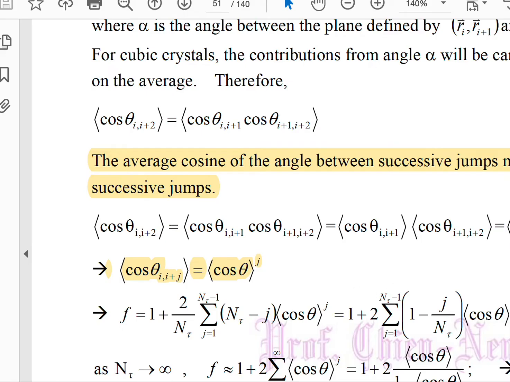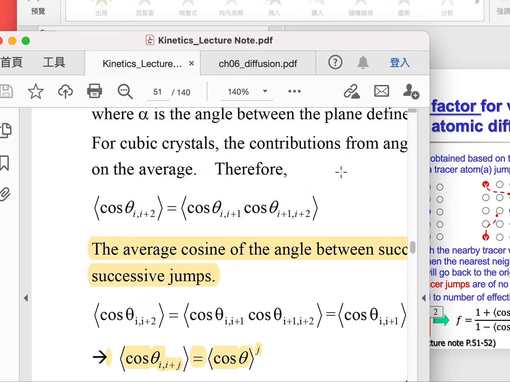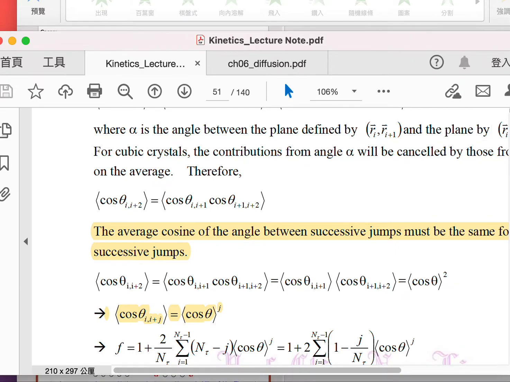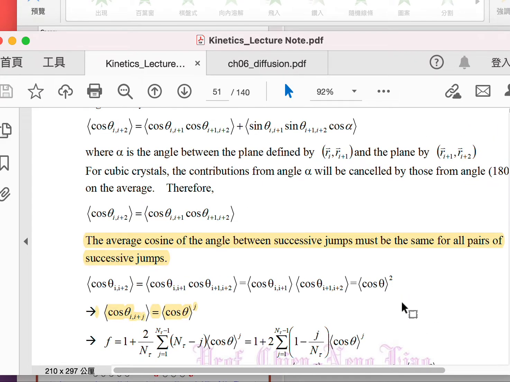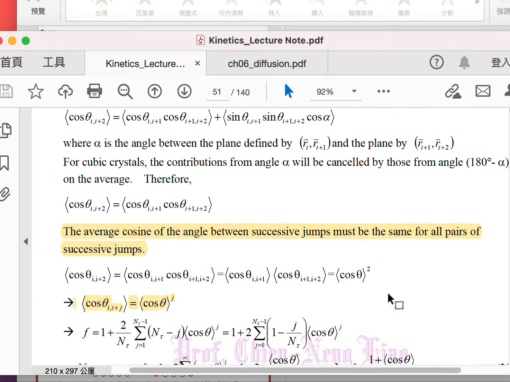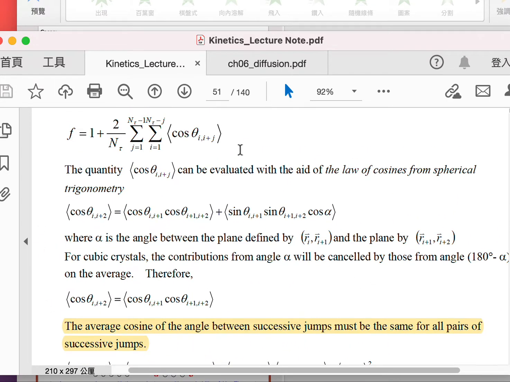So if you have a look here, you can find this is the definition, right?